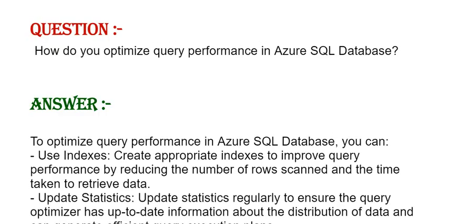Our next question is, how do you optimize query performance in Azure SQL database? Your answer should be, to optimize query performance in Azure SQL database, you can use indexes. Create appropriate indexes to improve query performance by reducing the number of rows scanned and the time taken to retrieve data.